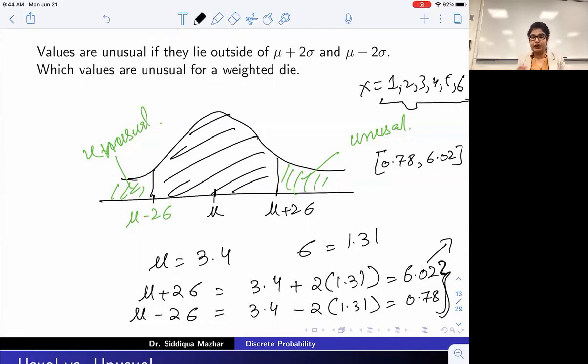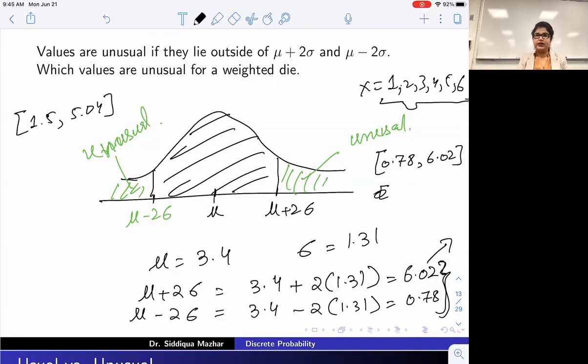All values are usual. But let's suppose after my calculation I was finding an interval of, let's say, 1.5 to 5.04. Then do we have any value which is unusual in this interval? I'm just supposing this interval fictionally.